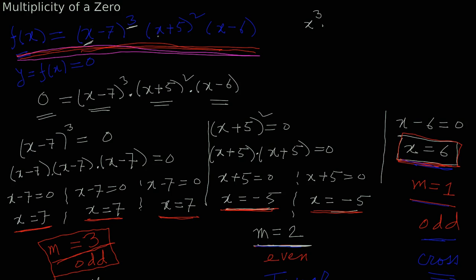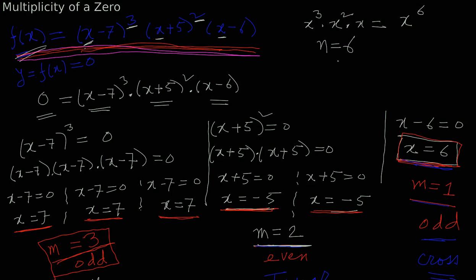And then I have x and I have square here, so this is x square. And I have another x multiplied. So if I multiply x cube, x square and x, I get x power 6. So for this particular function, my n is 6. So this is a 6th degree polynomial.